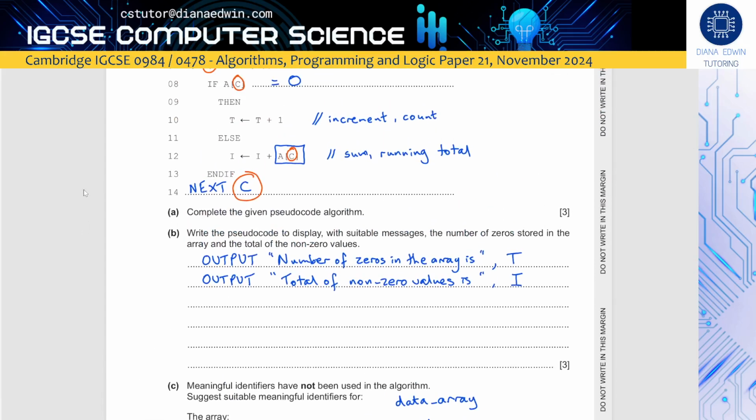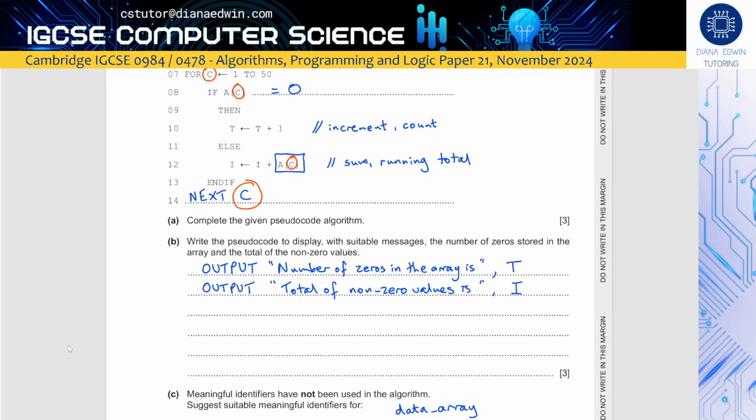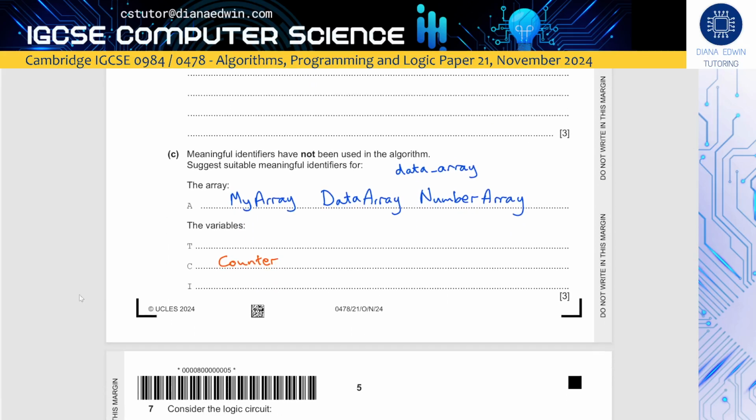Then let's look at what we have here for T. T was the number of zeros in the array. So I think it might be quite nice to say something like, oops, I'm going to put in the wrong thing. T was zero total, or number of zeros, or something like that.